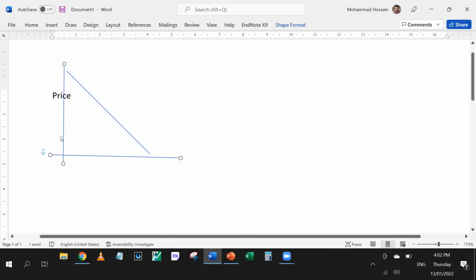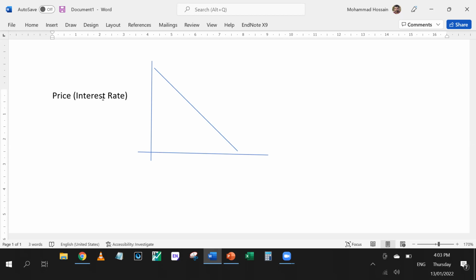Think this way. When you take a loan from the bank, let's say you took $100,000 from the bank. After 1 year, you will have to return $110,000 to the bank.